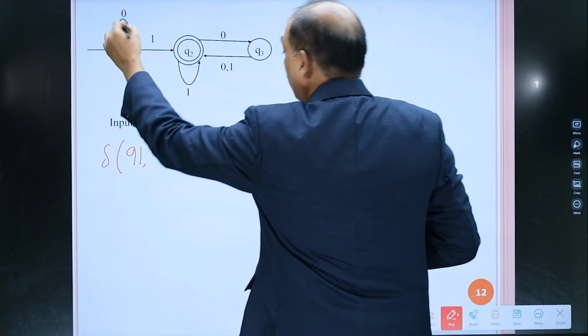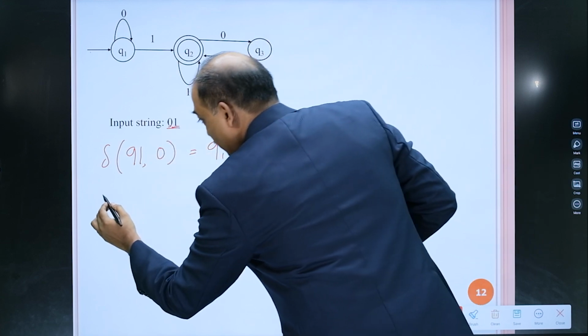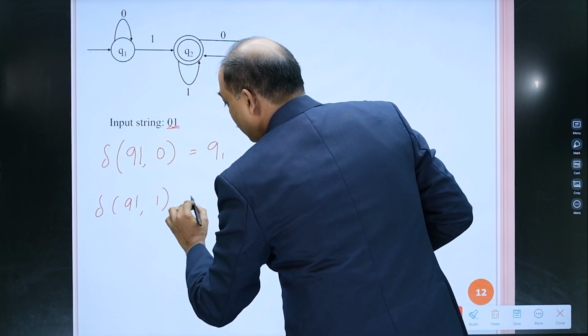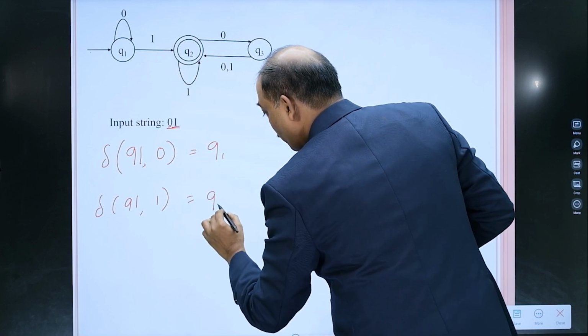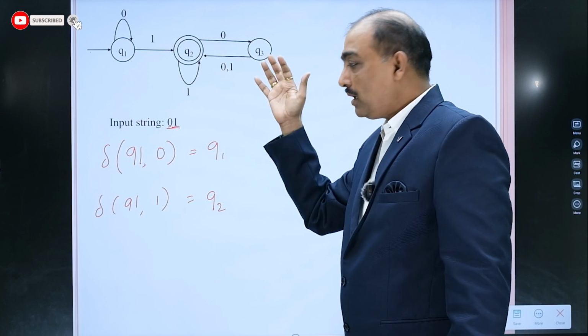There is a self loop. Now on Q1, let's apply another symbol, that is 1. So delta of Q1, the current state, 1. Q1 1 will take me to Q2. I have completely processed the string.